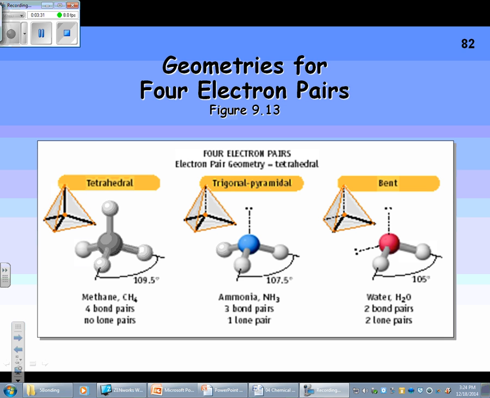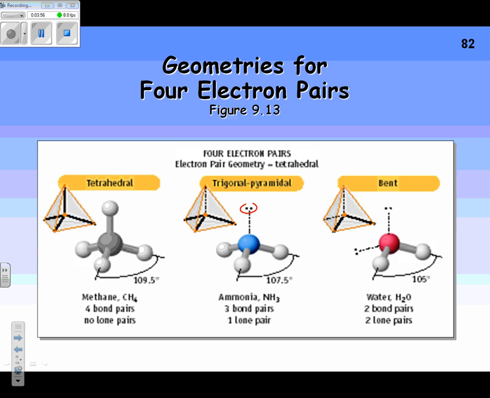What if we have unshared pairs on that center atom? That's really the only place it is going to have an effect. If we have a tetrahedral with no unshared pairs, the bond angle is 109.5. If we go to ammonia, when we draw this one, we end up with an unshared pair.